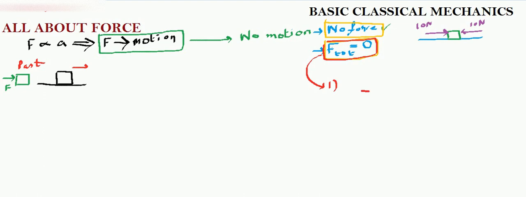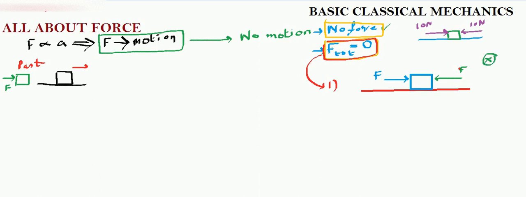As we have discussed earlier, if you have a block on this floor and the block is not moving, it means the total force is zero. So if there is a force from this side, say this force is F, then there is another force from this side whose value is the same as F, as a result of which there is no motion in the X direction.